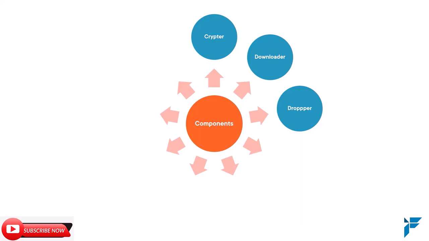We then have exploits. This is the part of the malware that contains the code or the sequence of commands that it takes to take advantage of your device. It's the code that attackers use to breach the system's security.